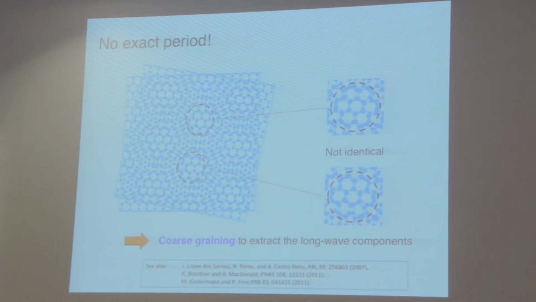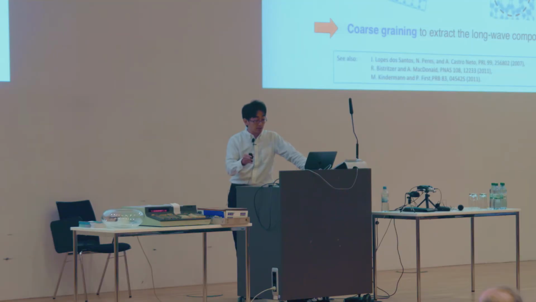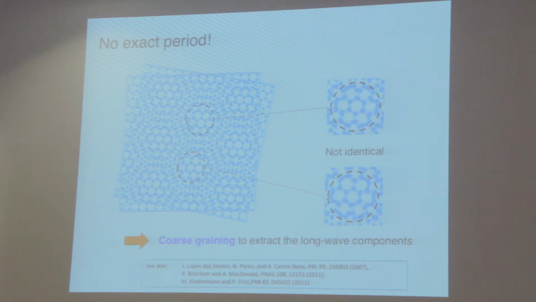This is because the Moire period, like a over theta, is not always a multiple of the original lattice period. So it's always incommensurate. If you take two graphene layers and just stack them at some random angle, we always have this incommensurate problem. So this system doesn't have any rigorous period.